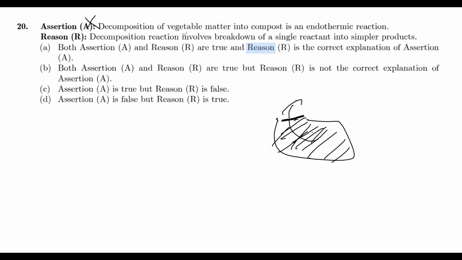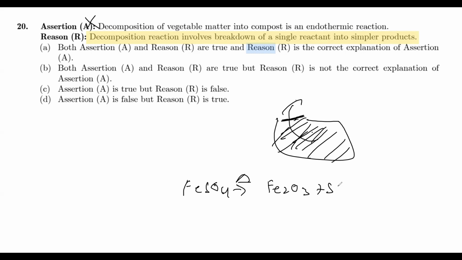What about the reason here? If there is a default option, it should be assertion correct, reason false. The reason says a decomposition reaction involves breakdown of a single reactant into products. Well, decomposition, as a type of reaction, yes, it's true. Like passing electricity, or say ferrous sulfate crystals, when heated, what is produced?